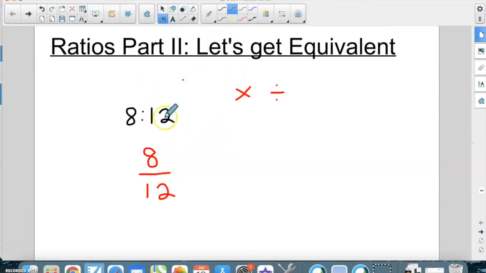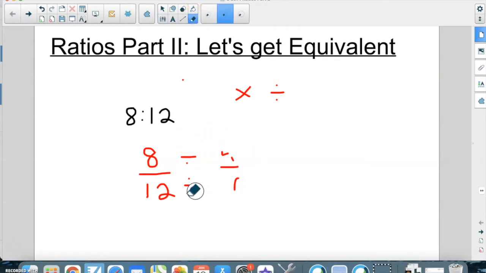At least I hope that's what you did. Well, if you said divide by 2 because they're both even, you can divide the top and bottom by 2, and you get 4 over 6. So 4 to 6 is an equivalent ratio here, or equivalent fraction, right?